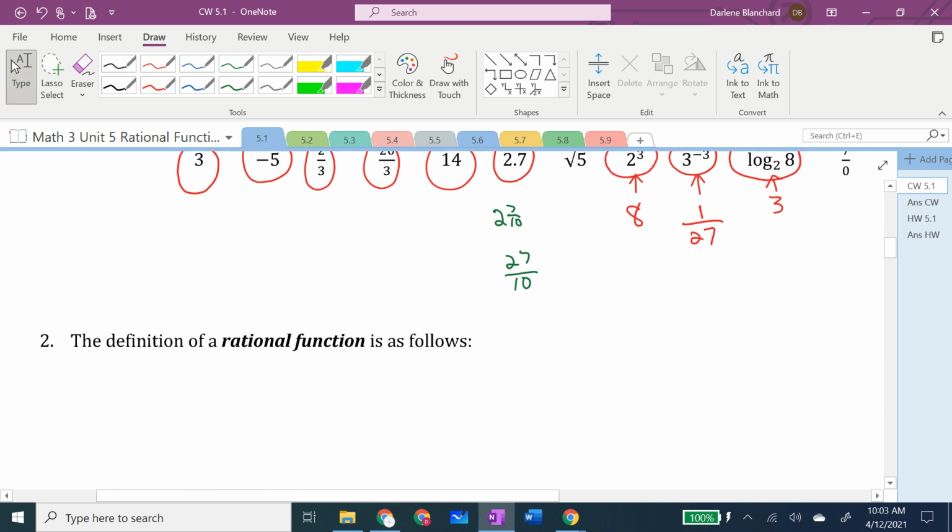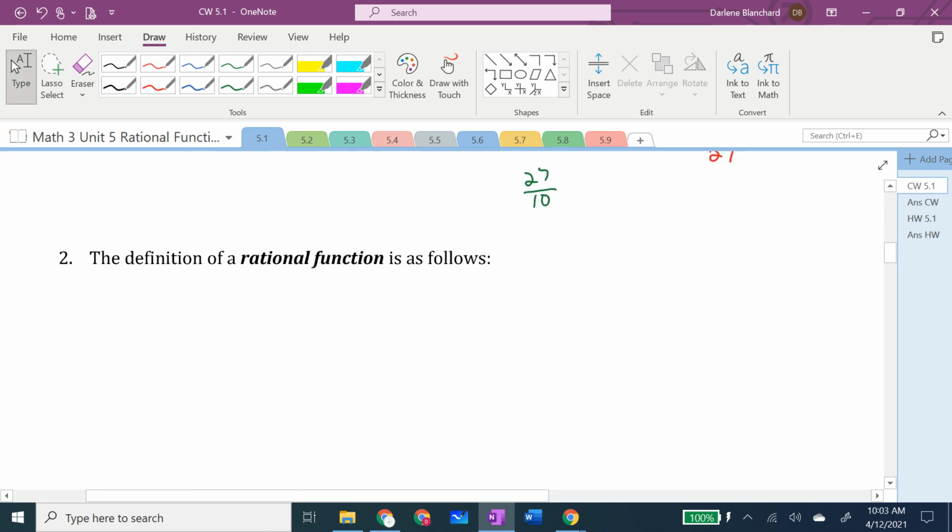What are considered nice? Polynomials. Woo! Who's not had enough of polynomials yet? Oh, wait, no one's raising their hand. Well, anyway, a rational function is a ratio of 2 polynomials.